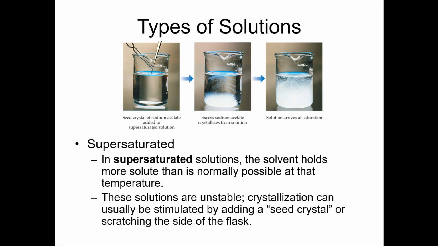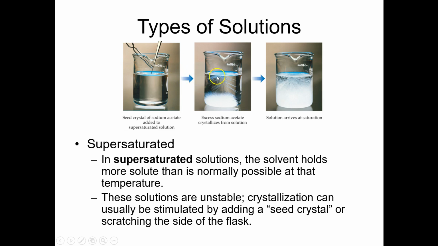You can also have a supersaturated solution, and that's when you have more solute in solution than a saturated solution. How's that possible? At that moment it's not in equilibrium with undissolved solute. It's very unstable. The image here is a supersaturated solution of sodium acetate.